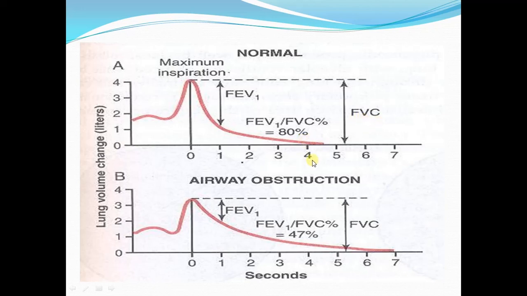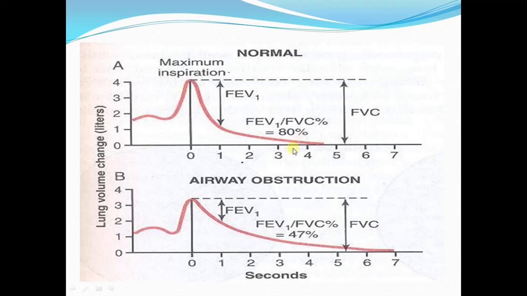That is the forced expiration time that we discussed in the beginning. So total FVC is exhaled out in about 4 seconds, and in the first second 80% of air is exhaled out. So normal FEV1 to FVC percentage or ratio is 80%.